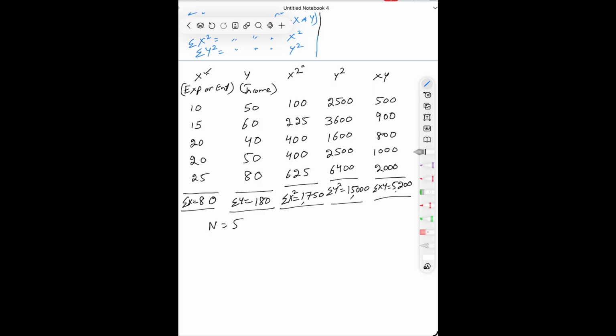Now we have to make an assumption whether the x variable is dependent on y or the y variable is dependent on x. We can clearly see that expenditure would depend upon the level of income. So in this case x is the dependent variable and y is the independent variable.